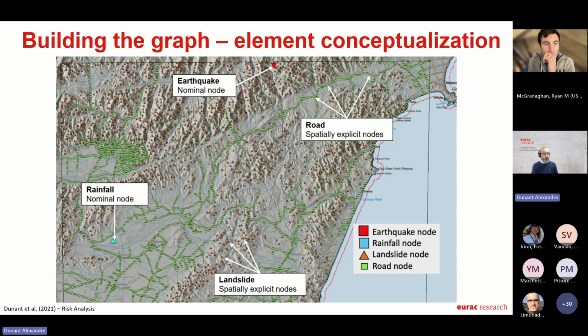We split the road into multiple nodes, and we used a nominal node for earthquake and rainfall because the effect was so regional. It didn't matter really where the earthquake was compared to other nodes, which we thought needed to be spatially explicit.